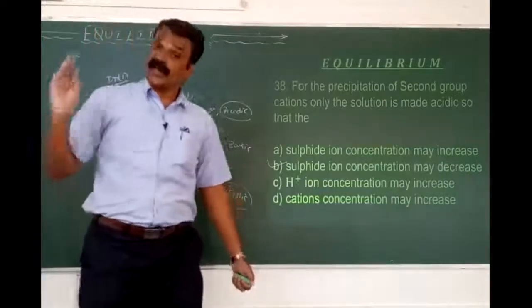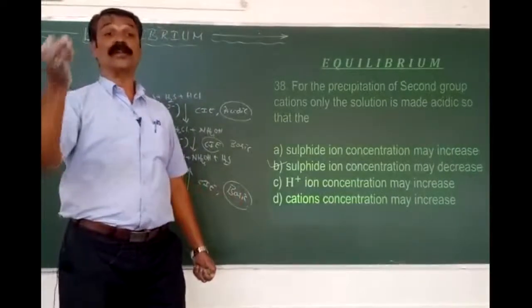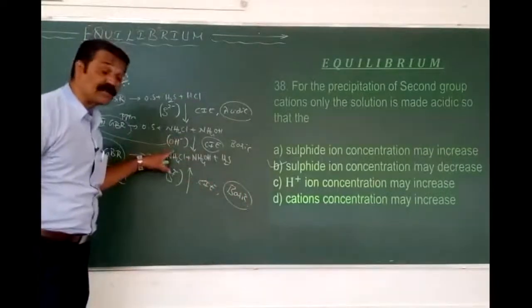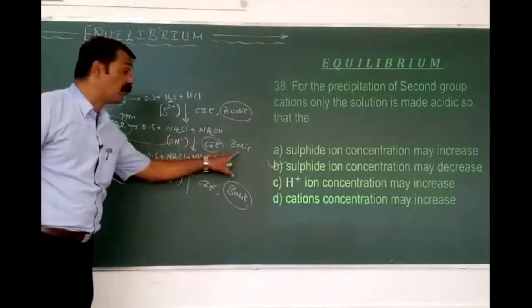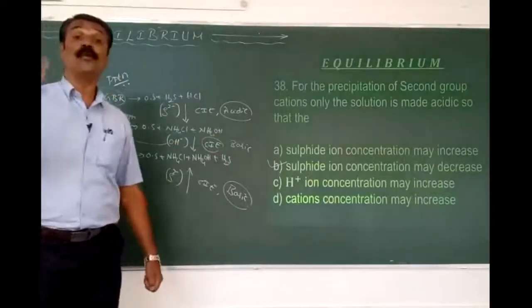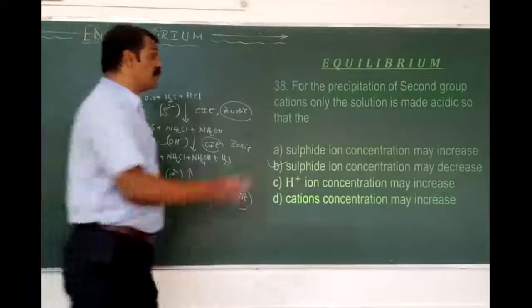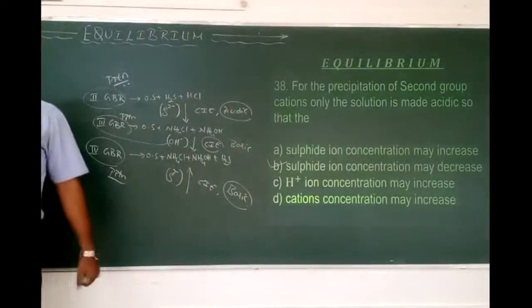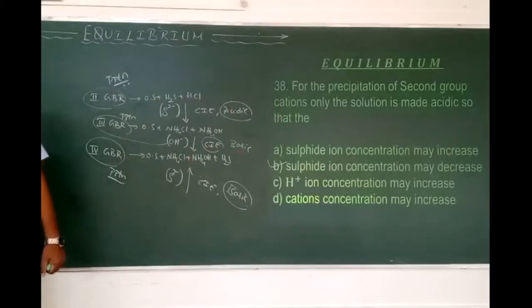Fourth group is again sulfide of higher concentration but basic, whereas the third group radicals are precipitated as the respective hydroxide, which is found to be what medium? Basic medium, and that helps for the precipitation of what group? Fourth group basic radicals. Basic radicals are also called by another name. It is called cations. Okay. Let's move on to 39 right now.